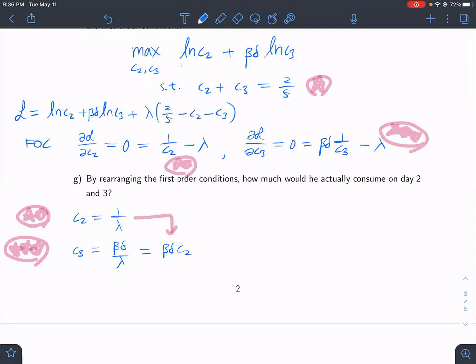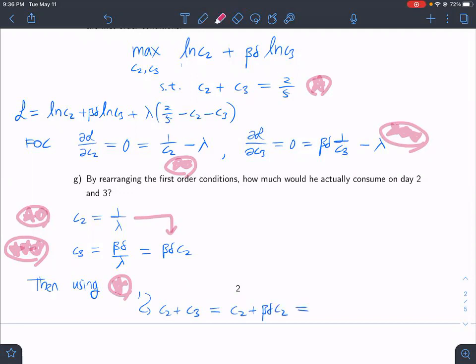Then using the budget constraint, 1 star, we have C2 plus C3, which is C2 plus beta delta C2.